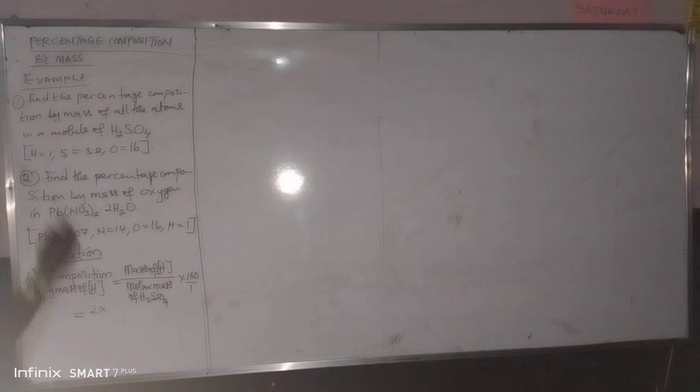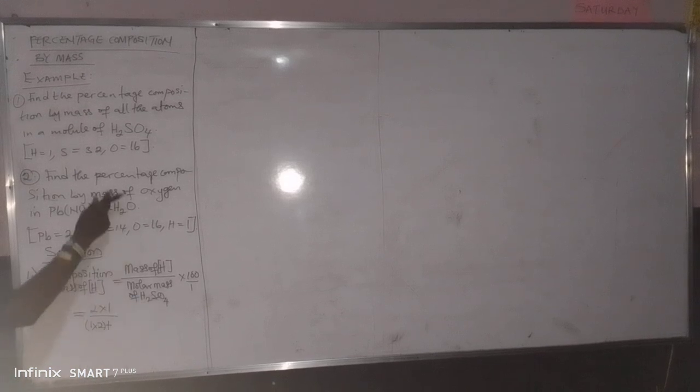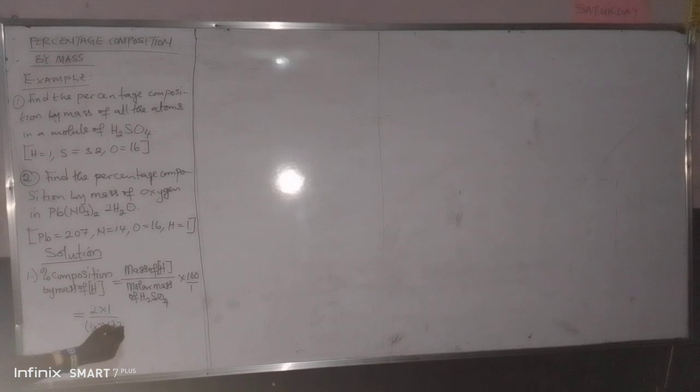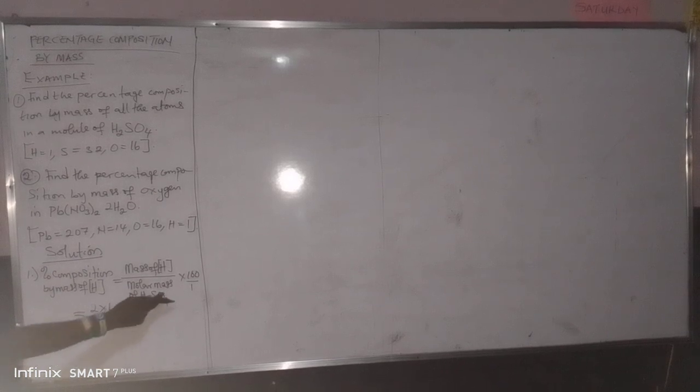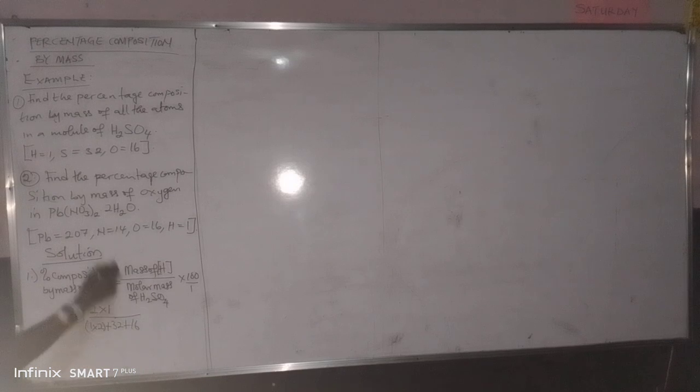That's 1. So we have 2 times 1 over, then finally the molar mass of H2SO4: hydrogen is 1, but you have 2 of it. Now, I can go on and say plus, sulfur is what? Sulfur is 32. I put 32 here. Plus, what's the next? Oxygen is 16. But how many oxygen atoms do I have inside this formula? 4.